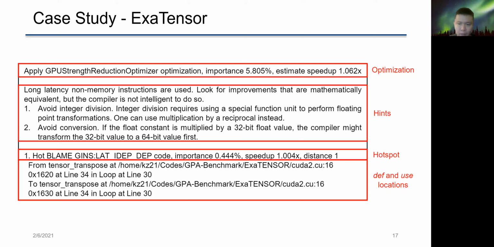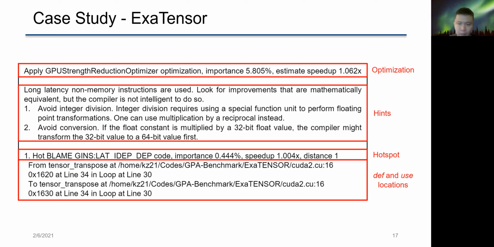Specifically for this code, GPA provides two most significant optimizations, including strength reduction and global transaction reduction. GPA suggests that on line 3, we can replace this integer division with a multiplication by its reciprocal. The estimated speedup is 1.06x, and we finally achieved 1.11x.